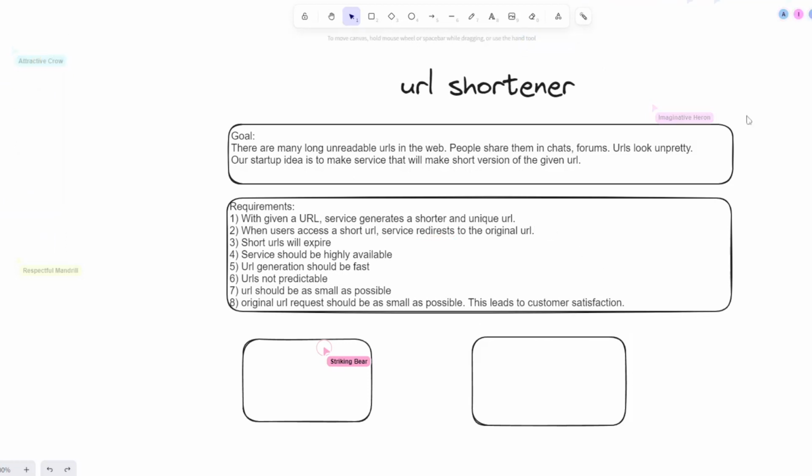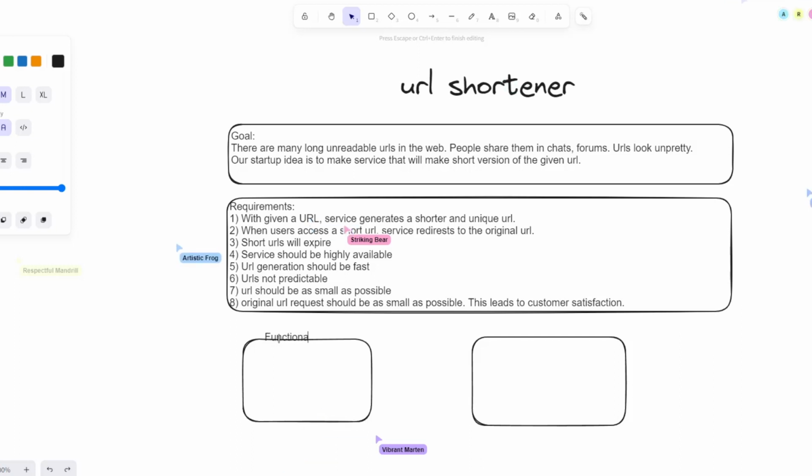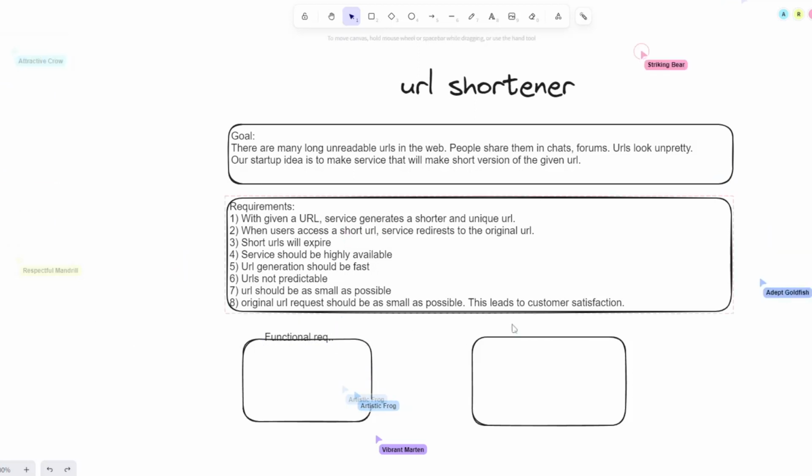Anyone can just make a functional and non-functional requirements square. So let it be here functional requirements, and here will be non-functional requirements.